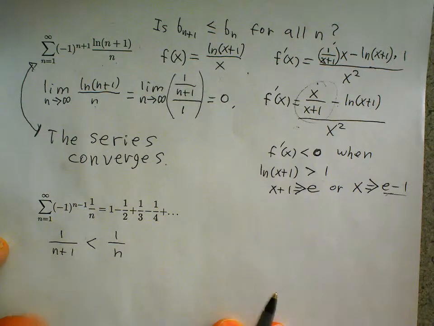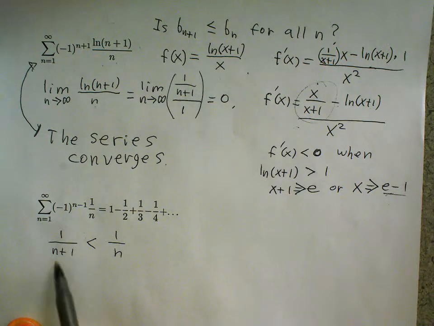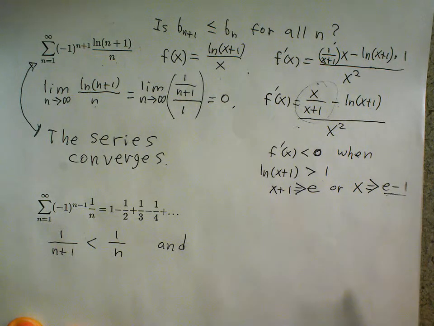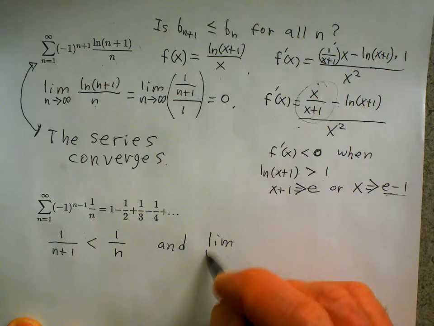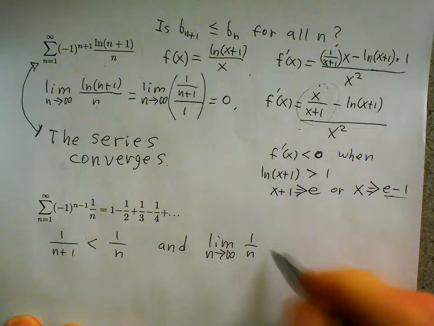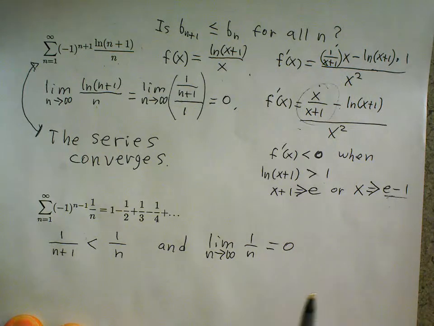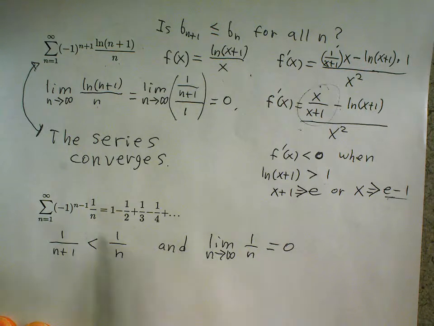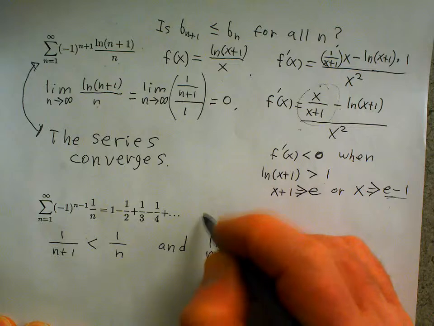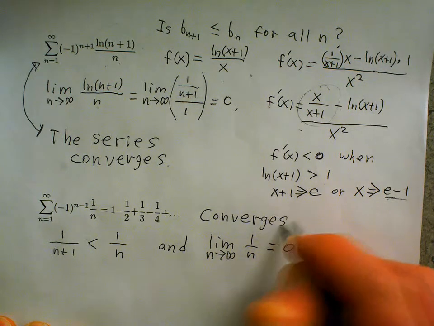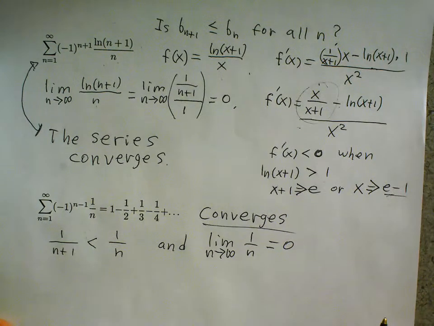So the b sub n terms decrease. And the limit of 1 over n as n approaches infinity is equal to 0. So by the alternating series test, this infinite series converges. Yeah, that one was pretty easy.